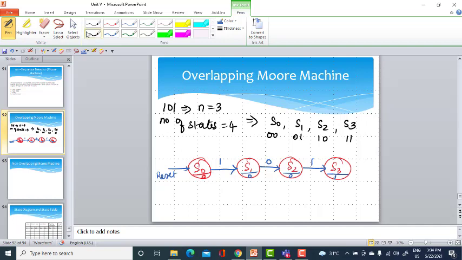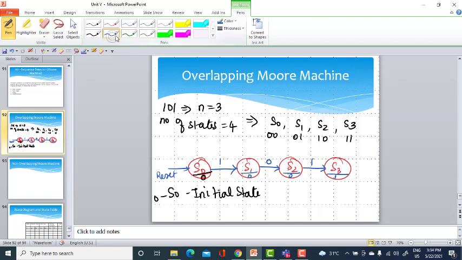S0 is the initial state, and its associated output is 0, because we have not yet recognized the bit sequence. That is why I have given 0. When we are in S1, your output will be 0. In the Moore model, keep in mind, output is indicated along with its states, because output is dependent on the present state.